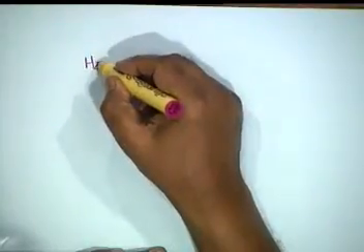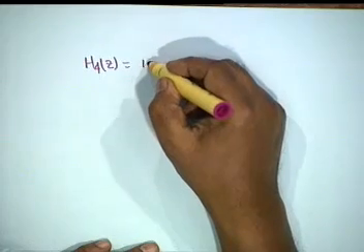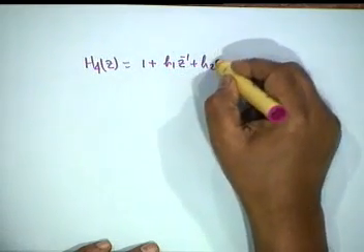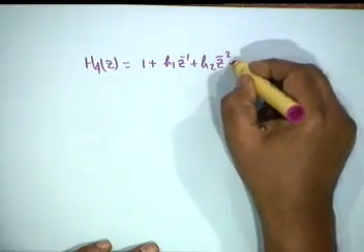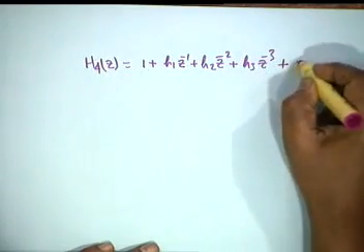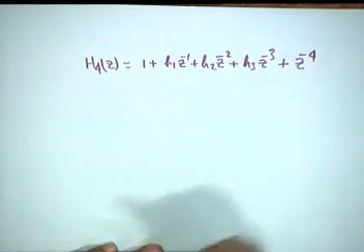Now to continue with the problems. First, we had considered last time an odd length and symmetrical filter, that is 1 plus H1 Z inverse plus H2 Z to the minus 2 plus H3 Z to the minus 3 plus Z to the minus 4.